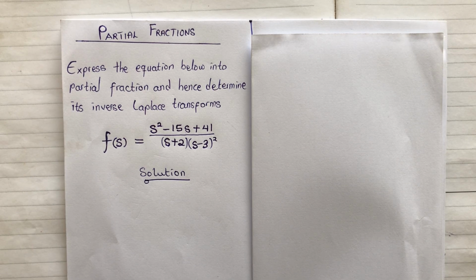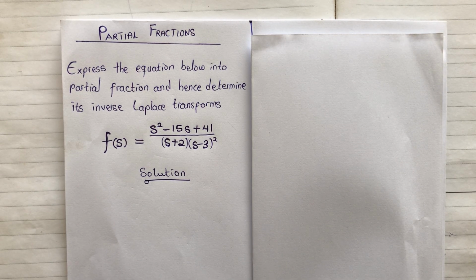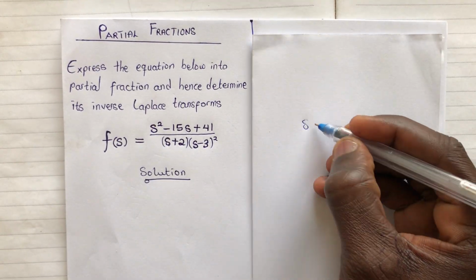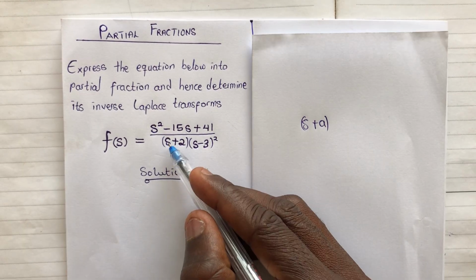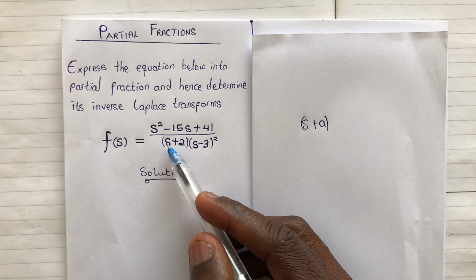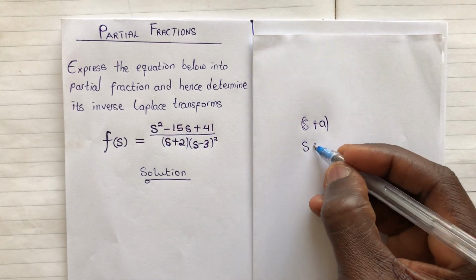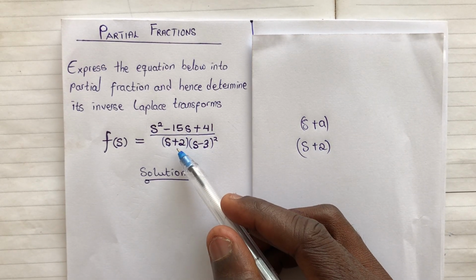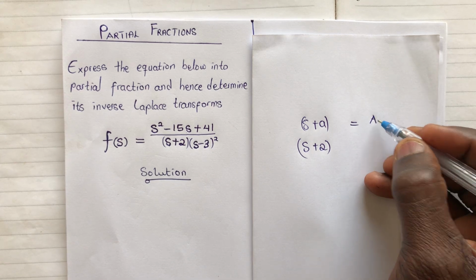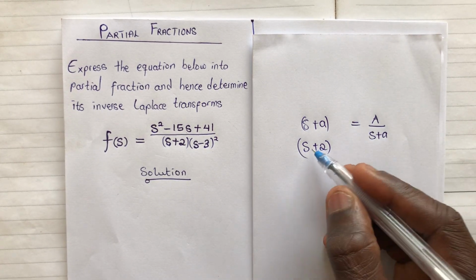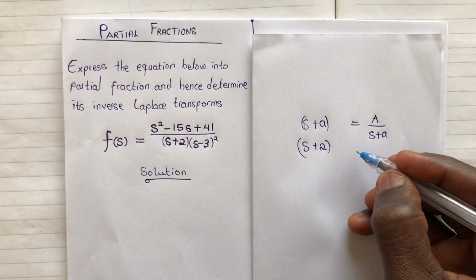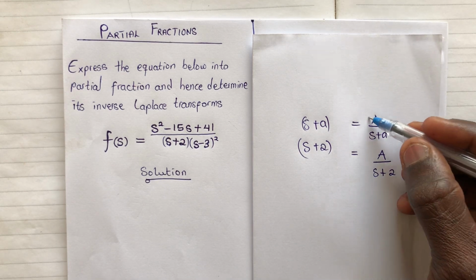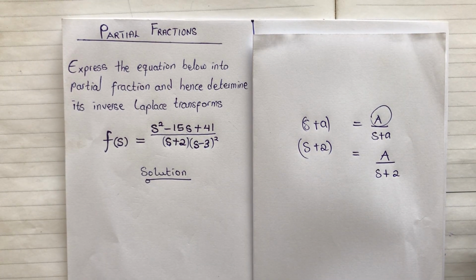One rule says that if you have a linear factor such as s plus a, like this s plus 2 here, then the partial fraction becomes A over s plus a. So the partial fraction of s plus 2 will give us A over s plus 2. Remember that A here is a constant to be determined.